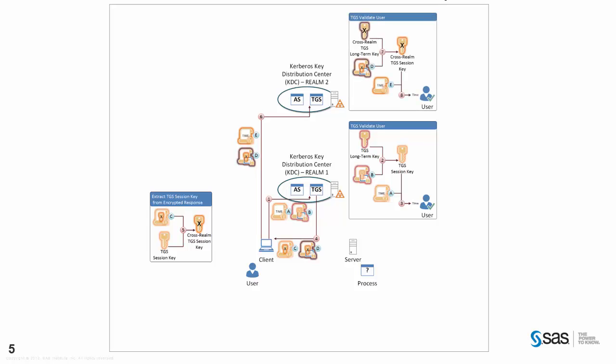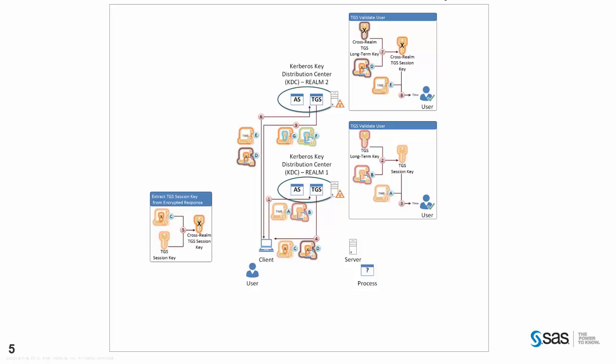As we've seen previously, the ticket granting service, this time on the second KDC, takes the ticket granting ticket, uses the long-term key to decrypt the ticket and extract the session key. The difference here is that the long-term key used is associated with the cross-realm trust rather than the ticket granting service long-term key. Once the ticket granting service has the ticket granting service session key, it can decrypt the authenticator E and validate the user.